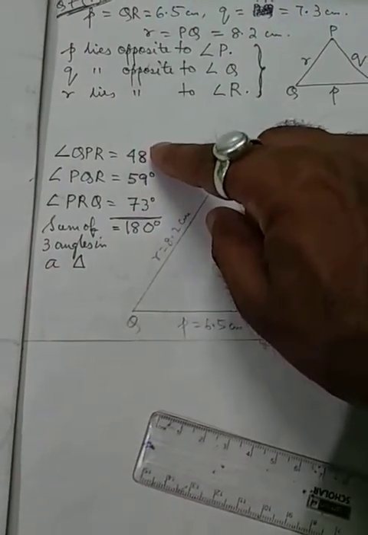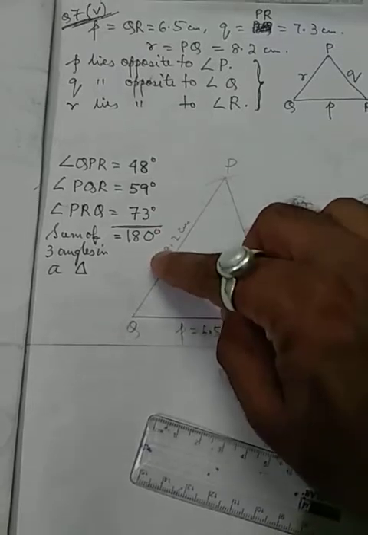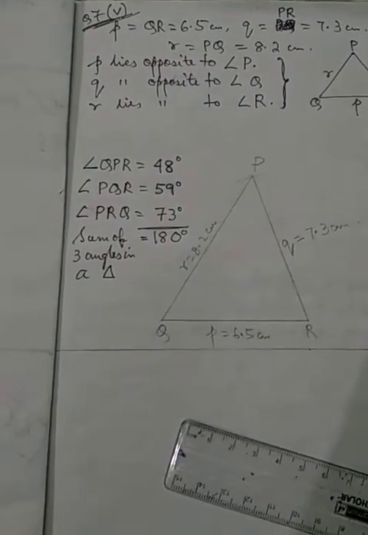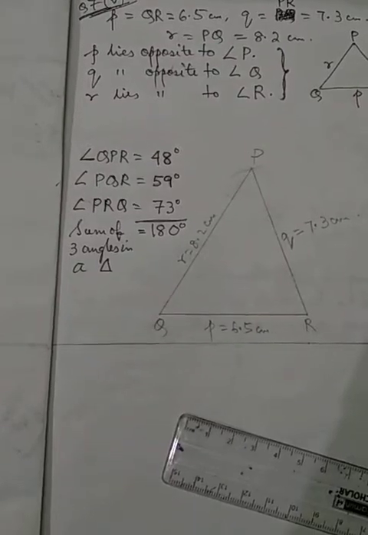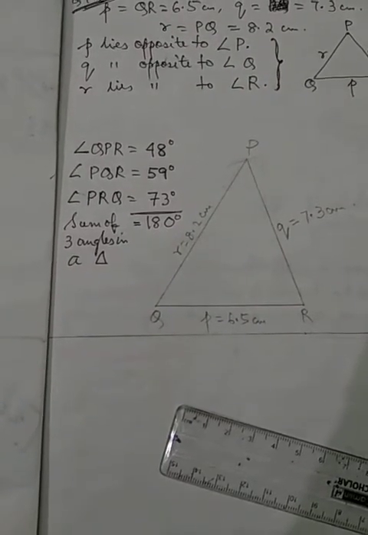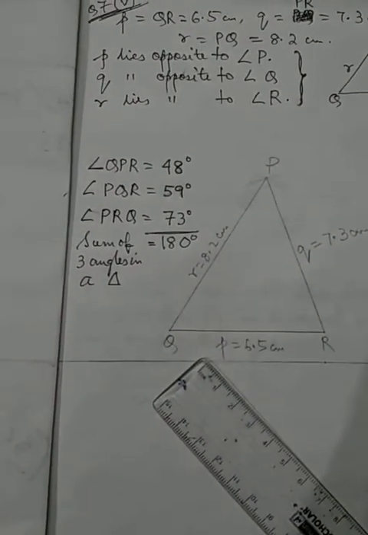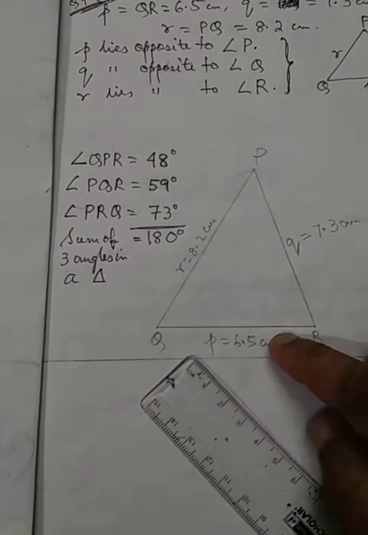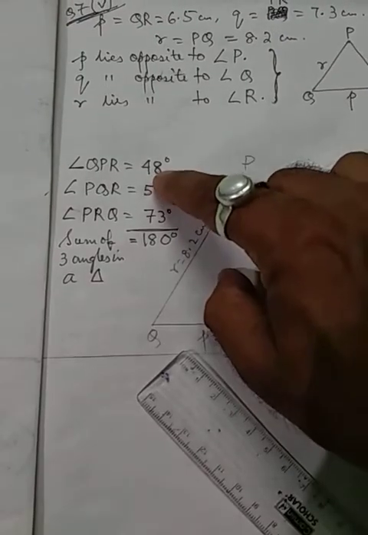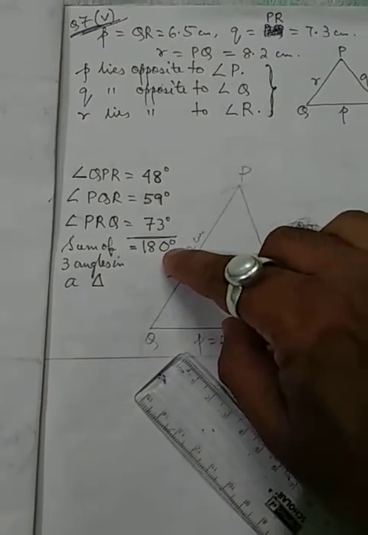And if the work is correct, the angles correct, the sum or the addition of the three angles should give you 180 degrees. That is the sum of angles in a triangle. Three angles in a triangle, we are having 180 degrees. There may be a little error, doesn't matter. Sometimes if your work is not correct, maybe suppose this angle comes up 49, then this will be 181, doesn't matter.